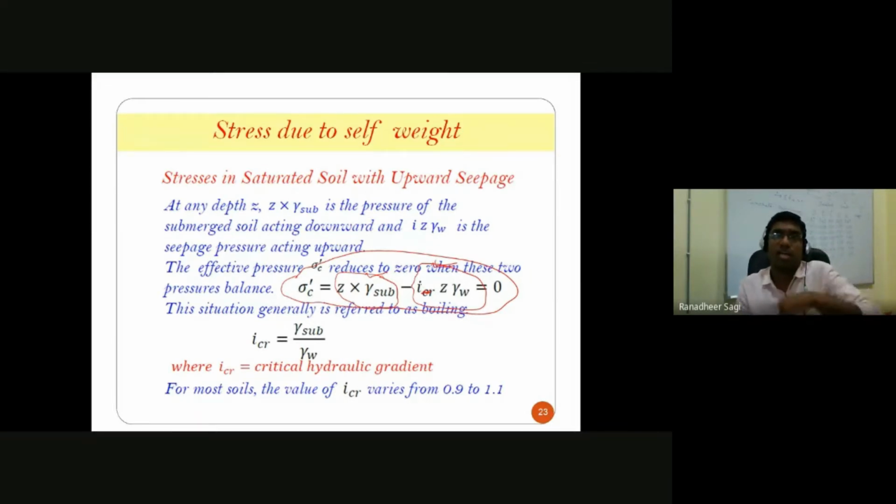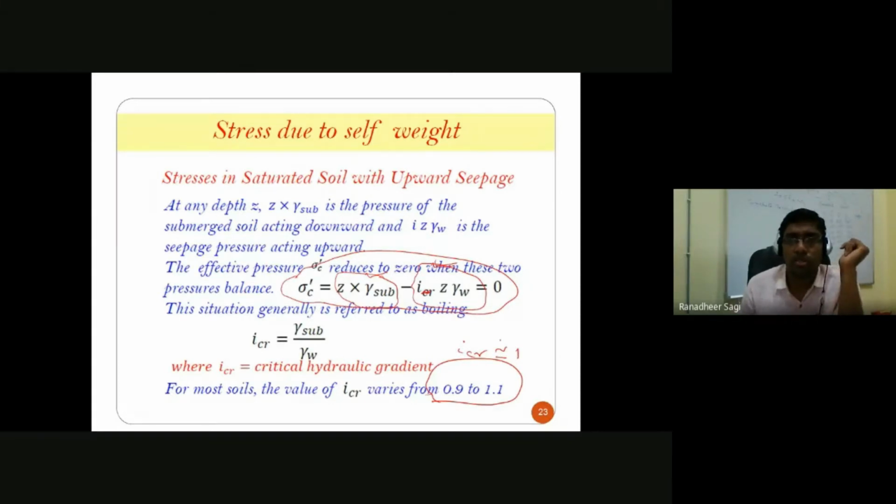That's only the case when the quicksand condition or sand boiling is taking place. The critical hydraulic gradient in general varies between 0.9 to 1.1 for different types of sandy soil deposits. So on an average, most of the times this i critical value is considered to be approximately equal to 1.